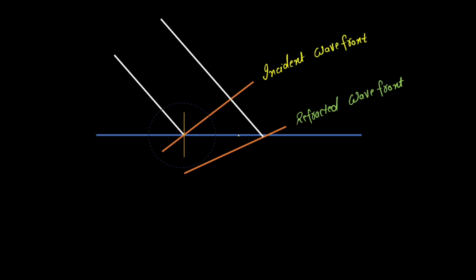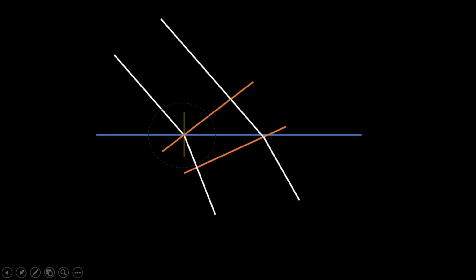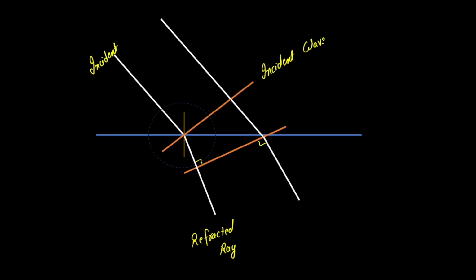Now, since the rays are perpendicular to the wavefronts, we can find the refracted rays, and this is how they would look. This is 90 degrees and this angle is 90 degrees. So ultimately, this is our incident ray and this would be our refracted ray. This would be our incident wavefront, and this one would be the refracted wavefront.